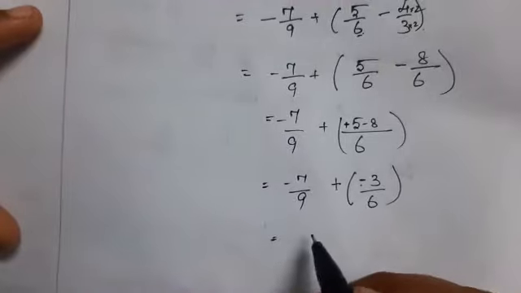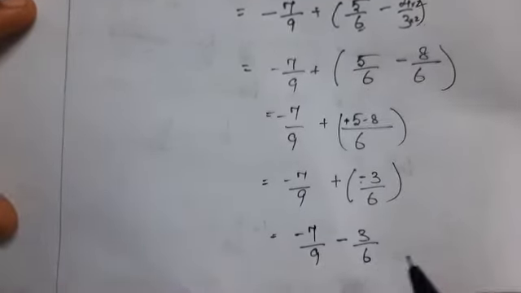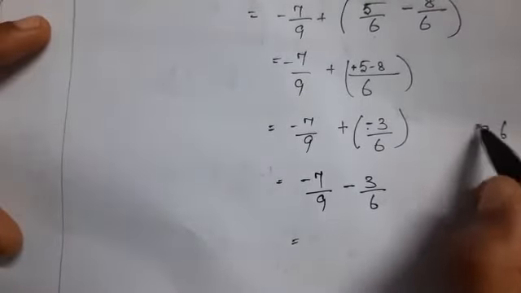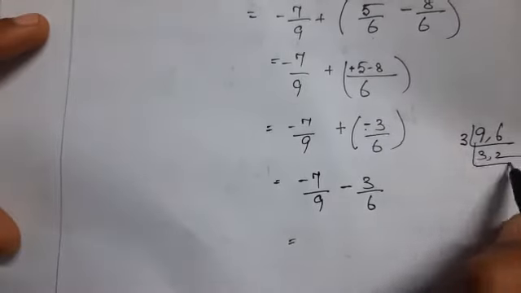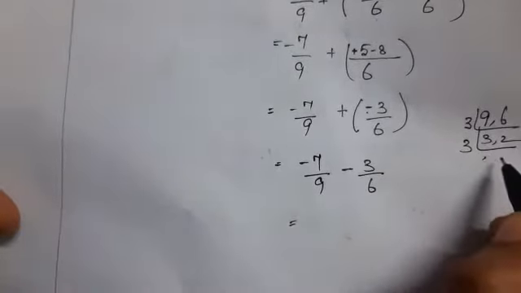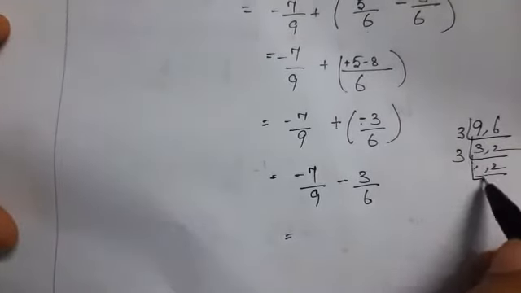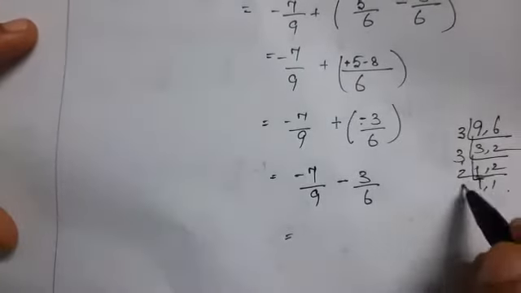Now plus into minus, minus. Find the LCM of 9 and 6. LCM is 3 into 3 into 2.